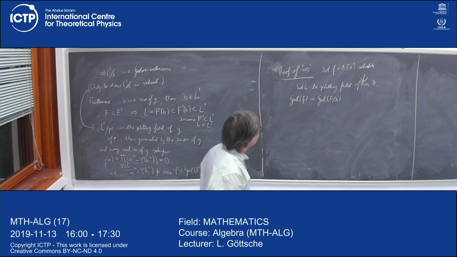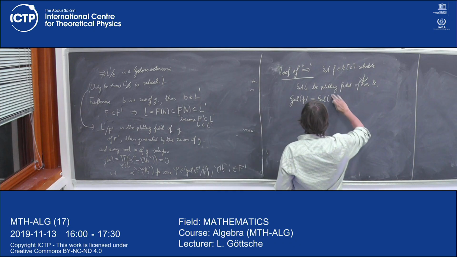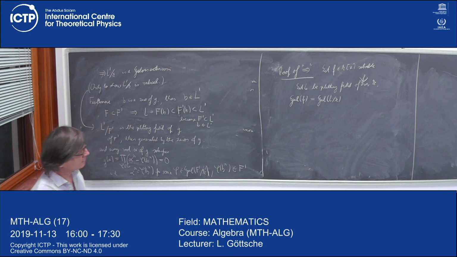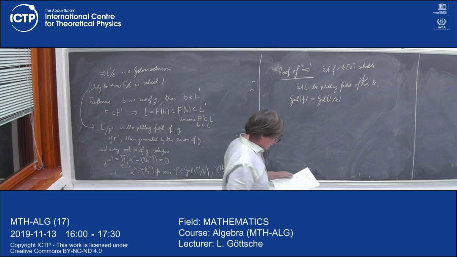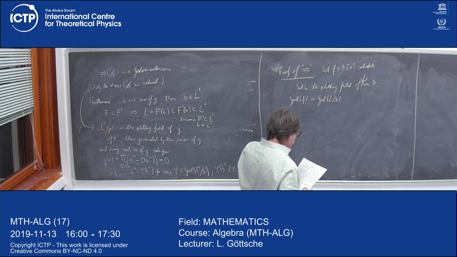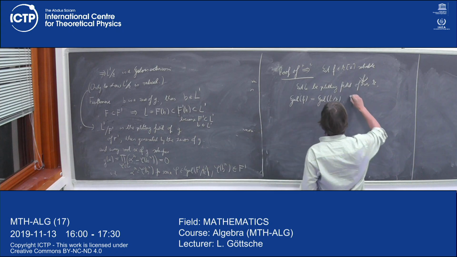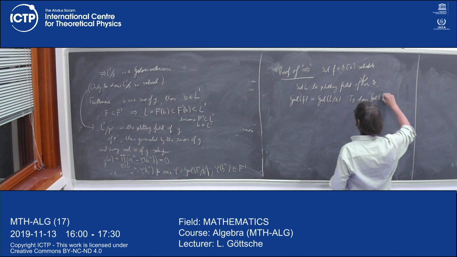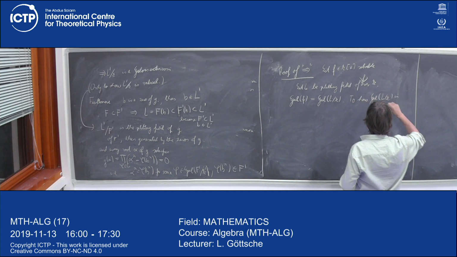I mean the definition of the Galois group of f. Sorry, I don't know why I mixed that up, but anyway. So it's the Galois group of L over K. So we have to show the Galois group of L over K is solvable.